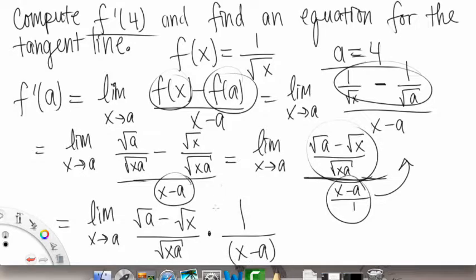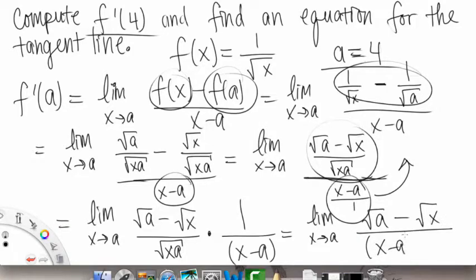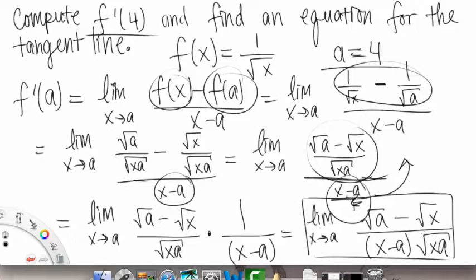Now we can write it more simply as the limit as x approaches a of square root of a minus square root of x over x minus a times square root of x times a. So we're at this point, and now we'll continue on the next slide.